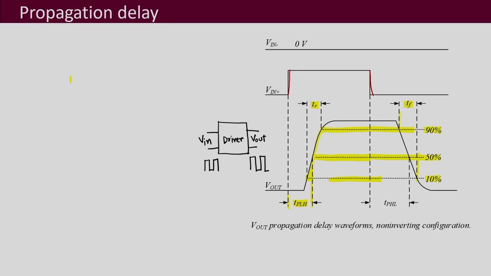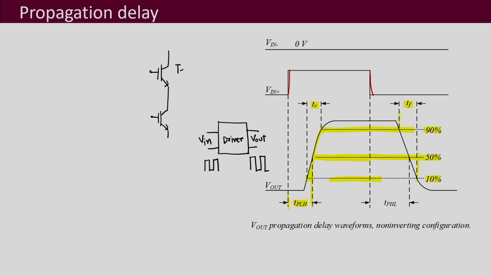Now, why is it so important to be accounted for in your gate driver ICs? You may recall the dead time. I had discussed this before. Let us say we have one leg of an H-bridge.